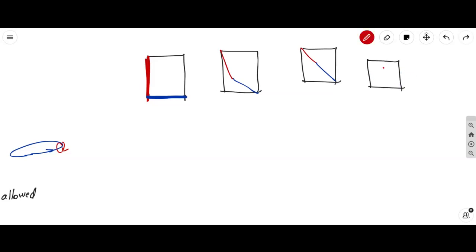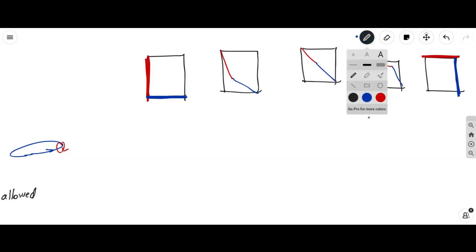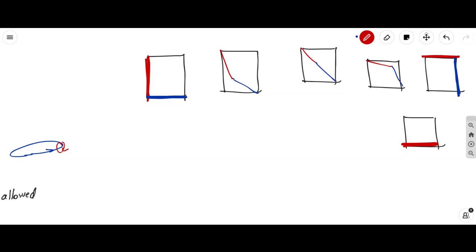Maybe you can exaggerate it a little bit more. Then the homotopy will finish where the red one is up here and the blue one is on that side. But because this is a torus, the upper piece corresponds to the lower piece. So you can redraw this where the red one is now at the bottom and the blue one is on the left.